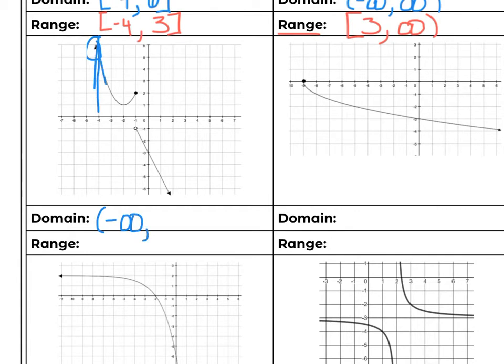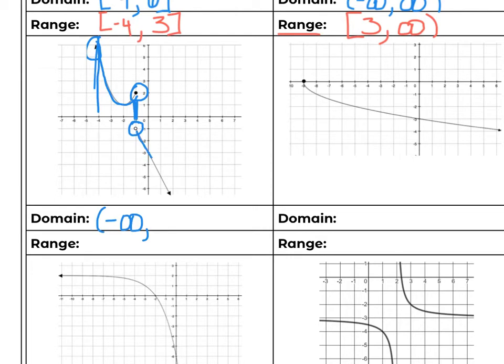I move to the right, and I stop on this piecewise graph at -1. But it has a filled-in circle, which means as long as there's not a gap, aka this piece starts at -1, I can keep on going, move on with my life. So right here, because one's a filled-in and one's open, I'm okay.